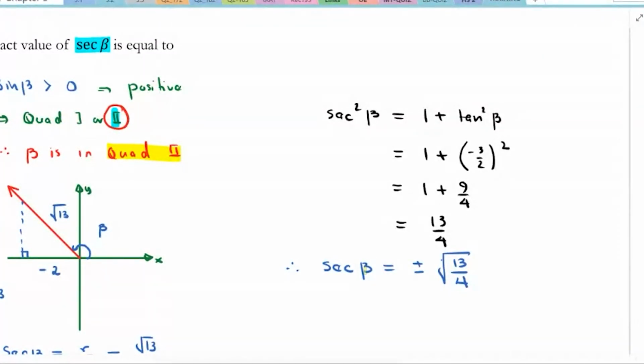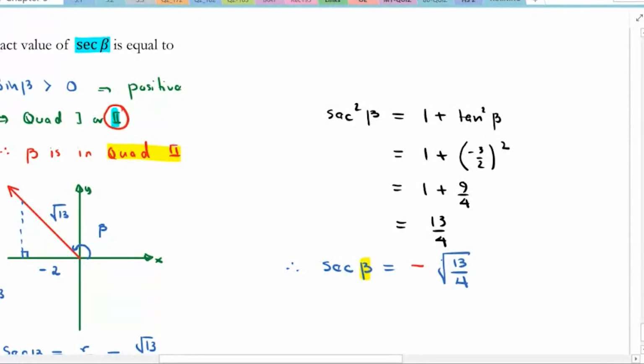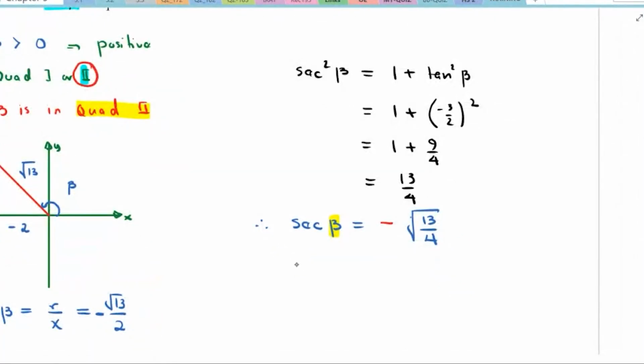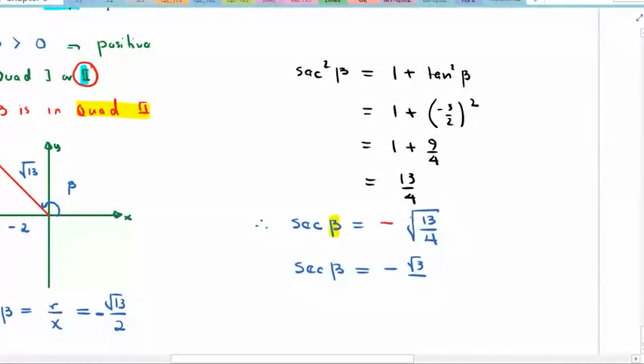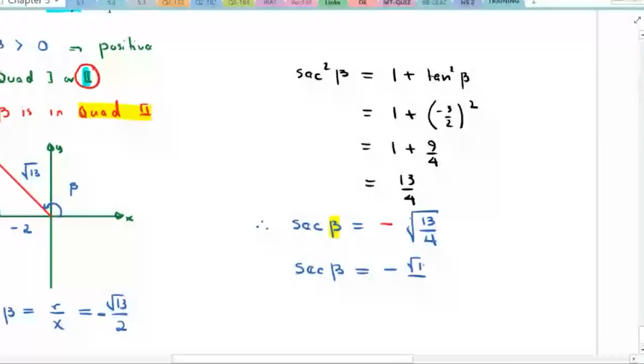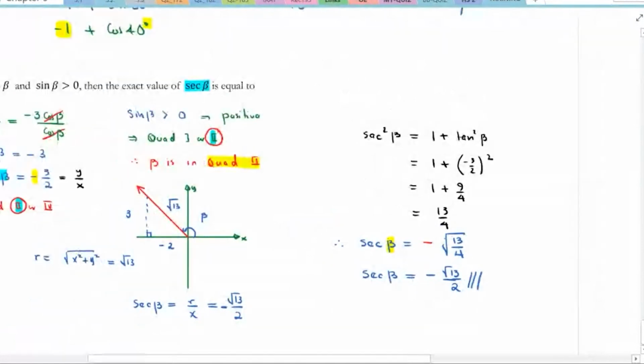But we are saying that beta is in quadrant number 2. And in quadrant number 2, secant is negative. So we are going to take the minus here. So when you simplify, that means the secant of beta will be equal to minus root of 13 divided by the square root of 4, which is 2. And that is the alternative answer.